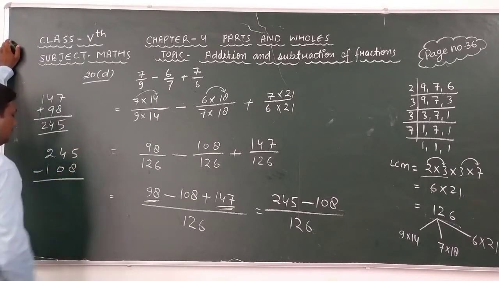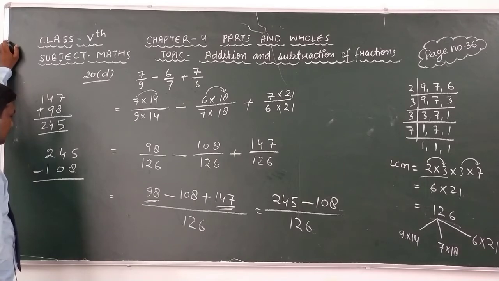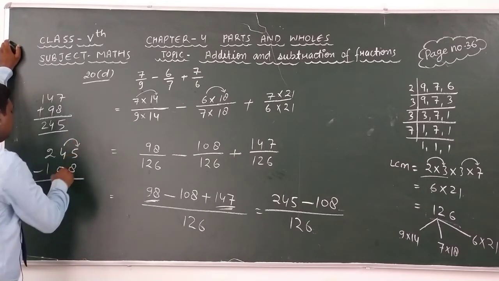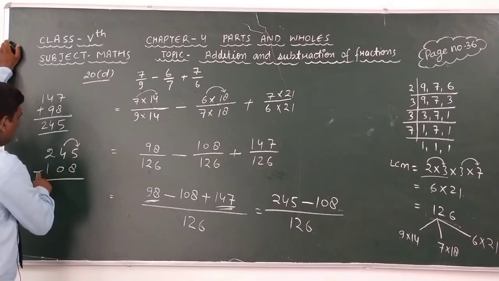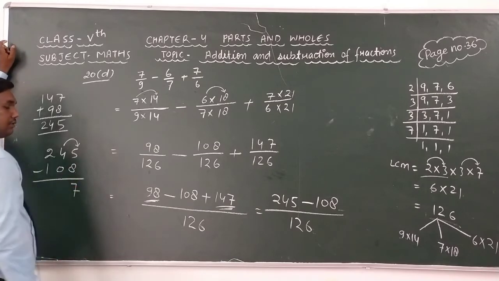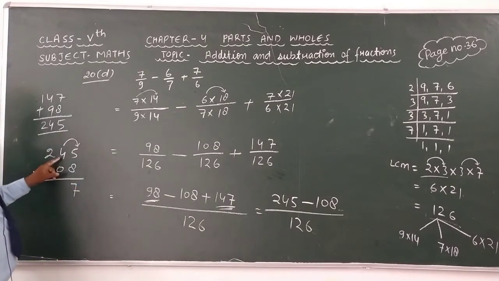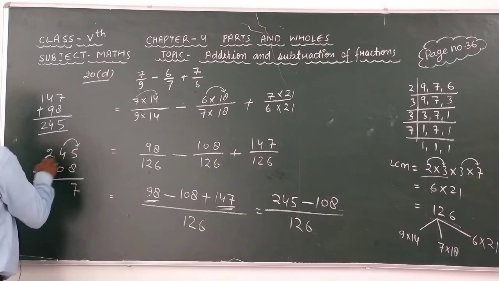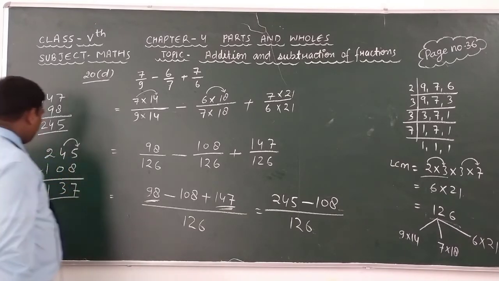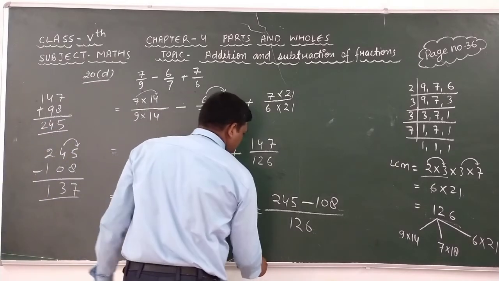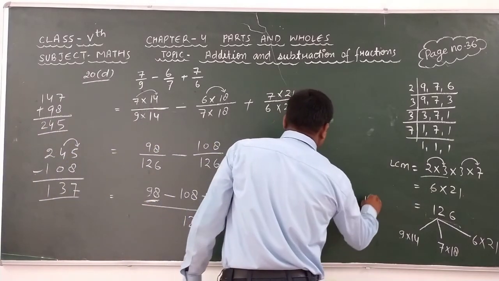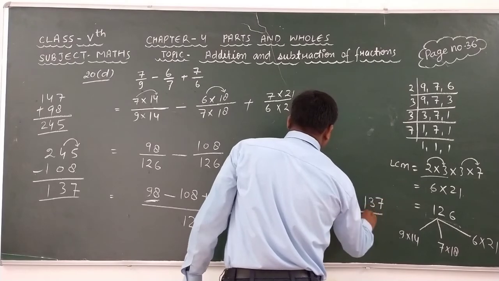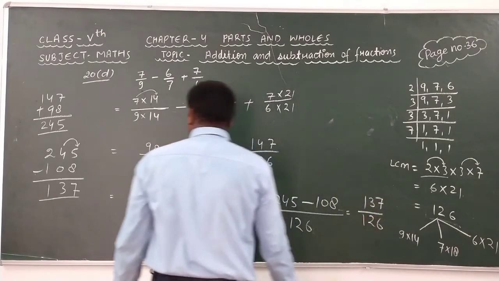Here we have 5 and 8. 5 is less than 8, therefore we borrow one from 4, and this 5 makes 15. 15 minus 8 is 7. Here we get 3 in place of 4. 3 minus 0 is 3, and 2 minus 1 is 1. After solving these, we get 137 over 126.